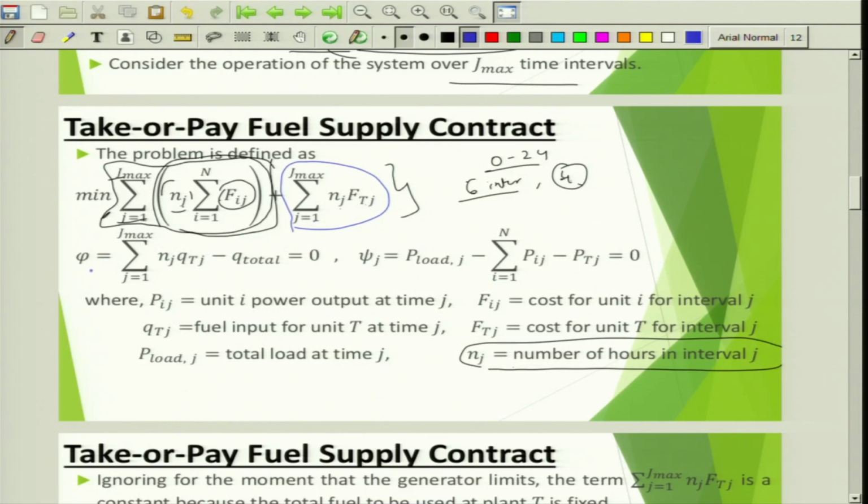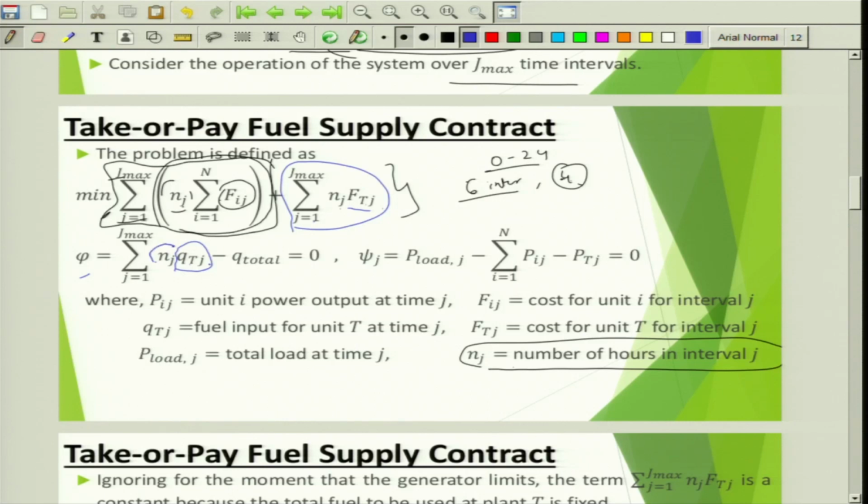Subject to, there is a constraint with respect to the total fuel consumption. You see here, this is with respect to Ftj only, that is why I am mentioning here, you need to pay more attention to the terminologies here. I am saying Qtj, Qtj is that specific generator where a take or pay agreement has been formulated.